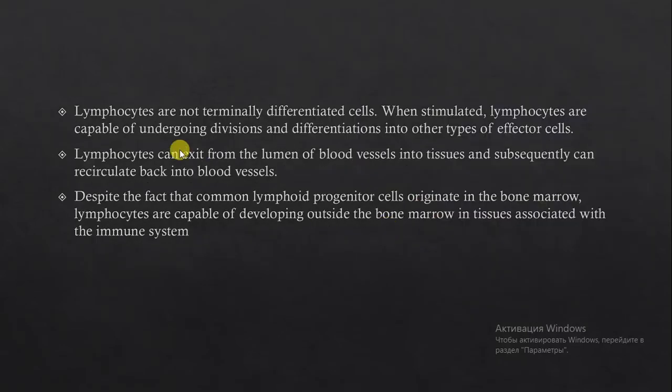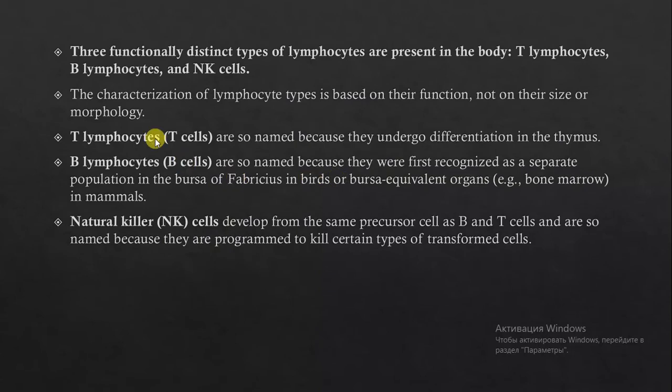So there are three types of them. T lymphocytes are developed in the thymus. I hope you have heard about the thymus. It's present under the thoracic cavity. We'll discuss it. B lymphocytes, B cells, are present in lymph nodes.